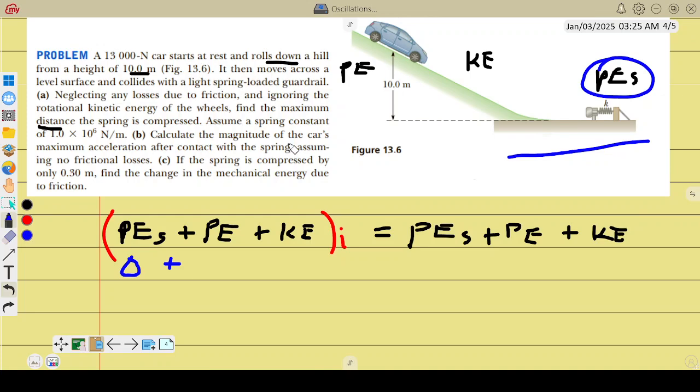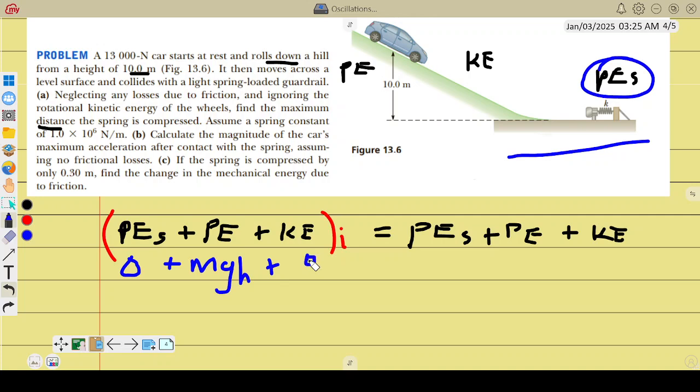Here we have gravitational potential energy, which is mgh, plus kinetic energy. The car was starting at rest, meaning it wasn't moving, so the kinetic energy was 0.